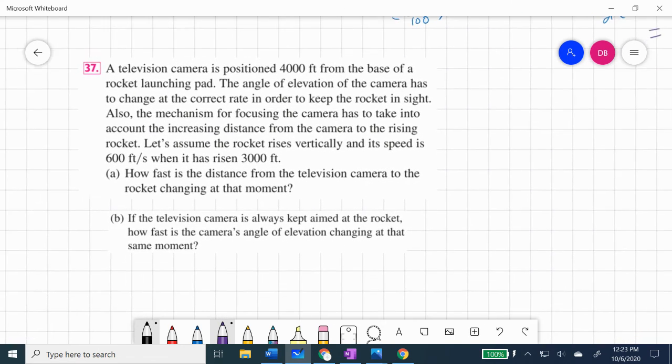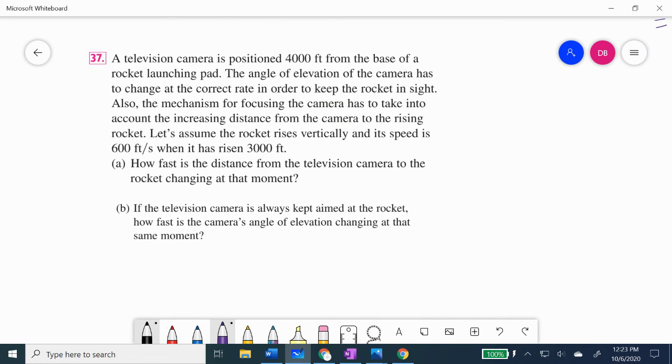Next problem, television camera rocket. So a rocket is being launched. I'm going to say that that point right there represents the rocket heading upward. And you have a camera that is positioned horizontally 4,000 feet away from the base.